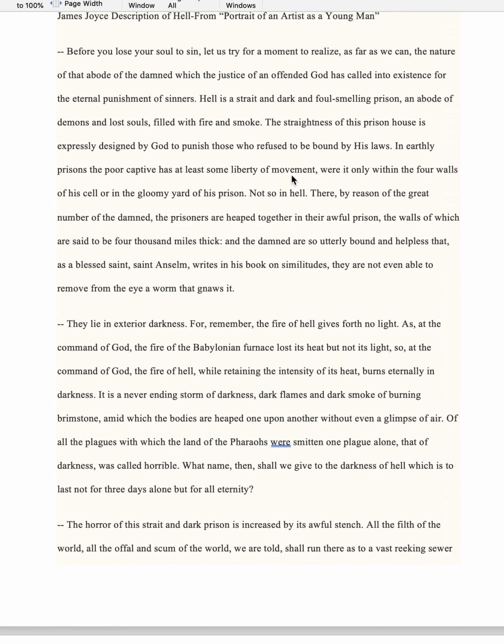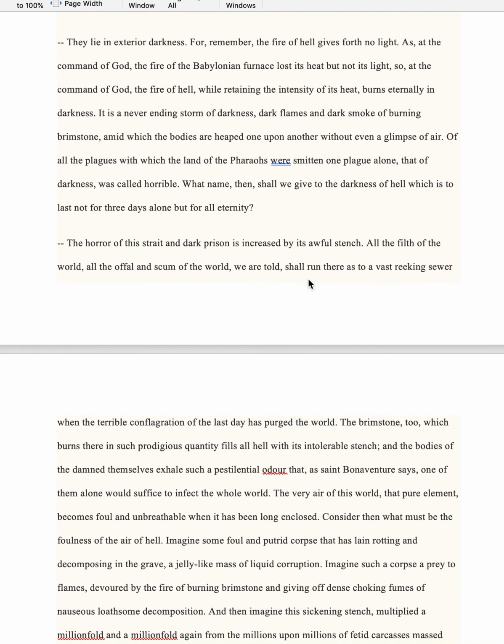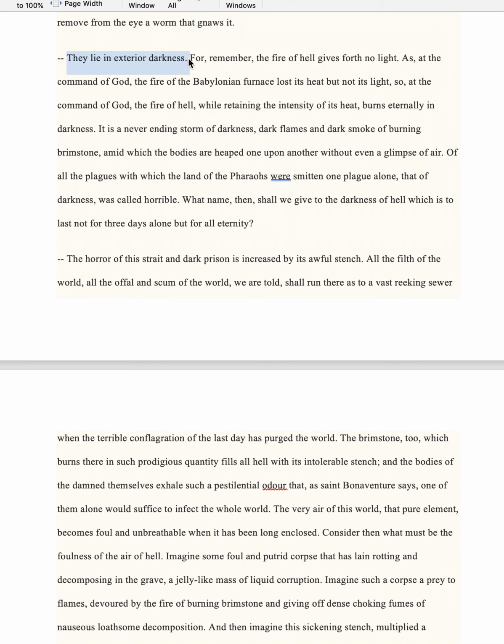If you'll notice, certain body paragraphs are a little bit stronger than others. To me, this very first one pops right off the bat. You have a topic sentence, which is the people of hell lying in exterior darkness. So we know this is going to be about sight, and a lot of this body paragraph is going to be about that.